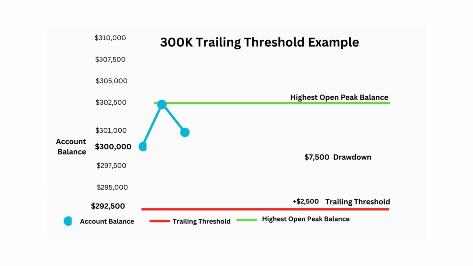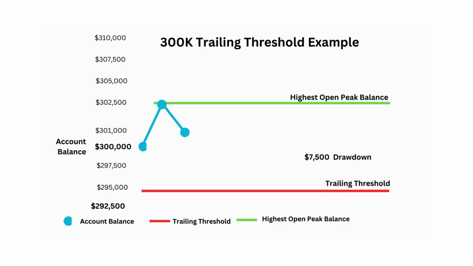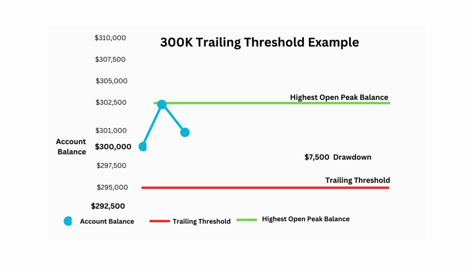Consequently, it will ascend from $292,500 to $295,000. On the other hand, this situation isn't favorable for our drawdown. Even though we secured a $1,000 profit by closing the trade out at $301,000, we suffered a $1,500 loss in drawdown because we didn't exit the trade at the peak account balance of $302,500.